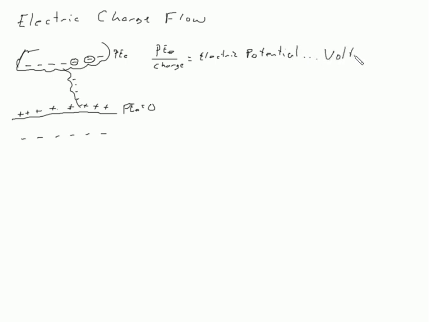Alright, and so we mentioned this before, it's not exactly voltage, just in terms of electric potential by itself. Here's where we get the idea of voltage. So if I talk about the electric potential here, we call that V, and then down here we would see that since we have no electric potential energy, then we have no electric potential.